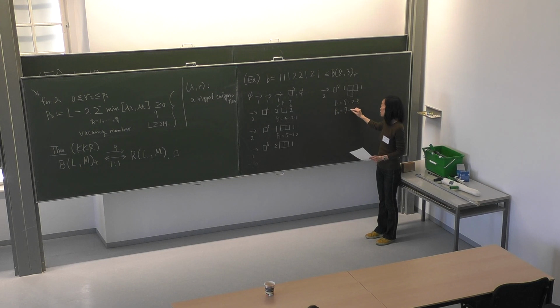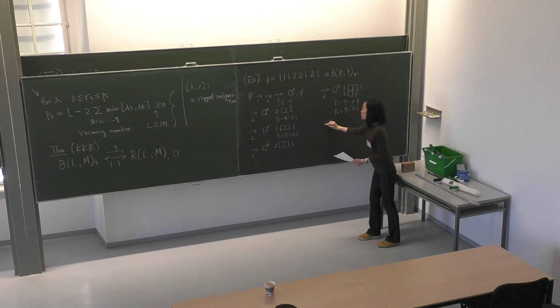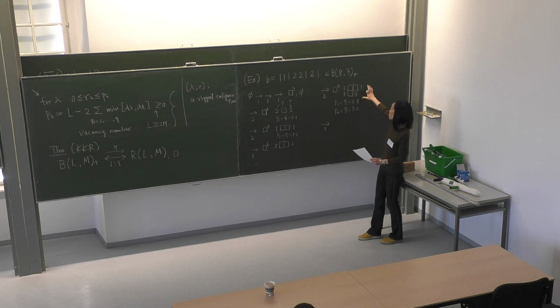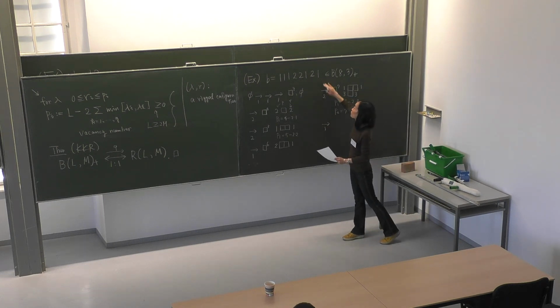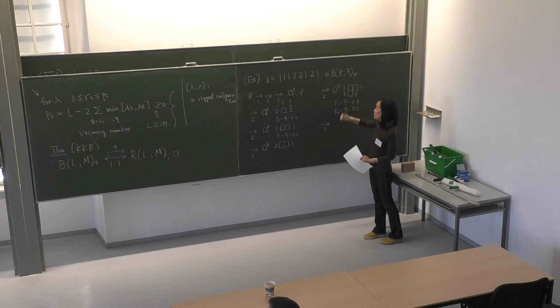It is 7 minus 2 times 2 now. So we just count the number of boxes to the left of this line. And this is 3. So we write 3 here and also 3 here because this box is newly added this time.